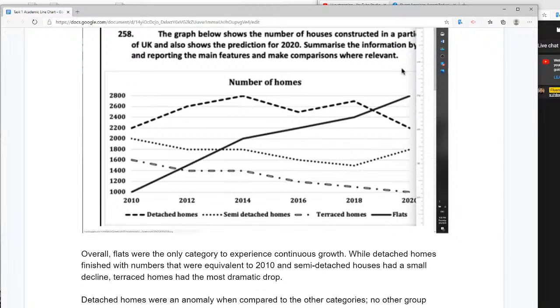So their initial figures stood at 1,600 in 2010, which also happened to be their peak.